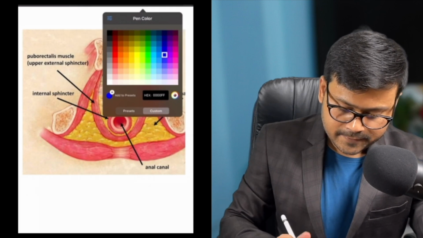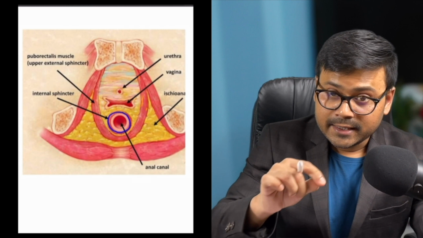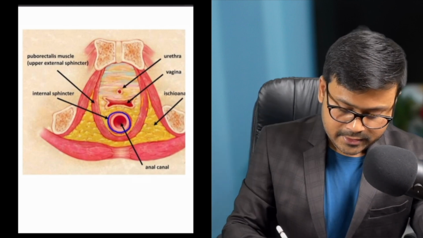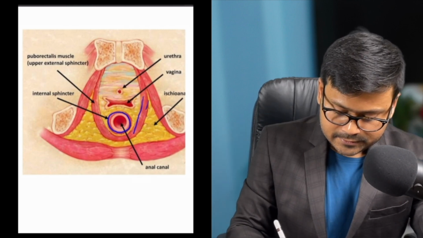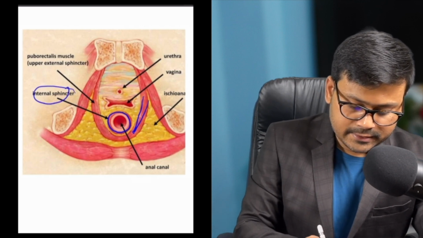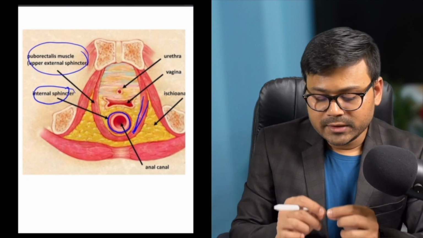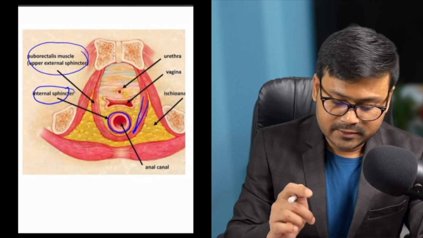I'll change the color. This is the internal anal sphincter encircling the anal canal, and that's external anal sphincter. So this is internal anal sphincter, and that's external sphincter. The space in between these two is the intersphincteric space.